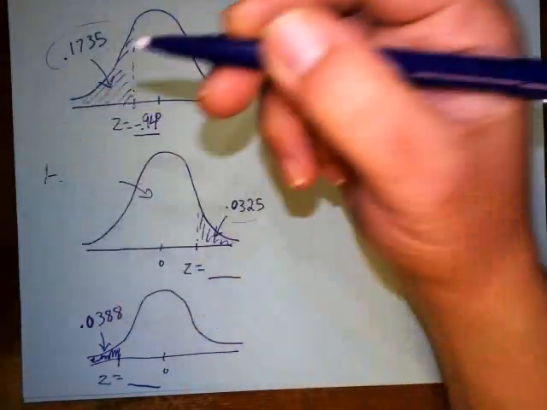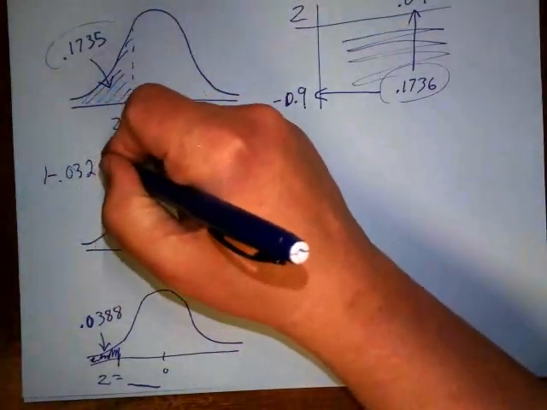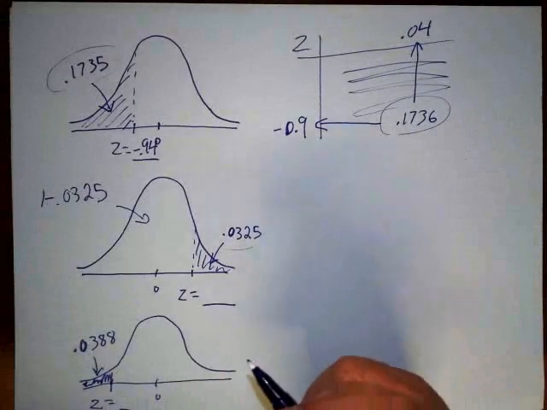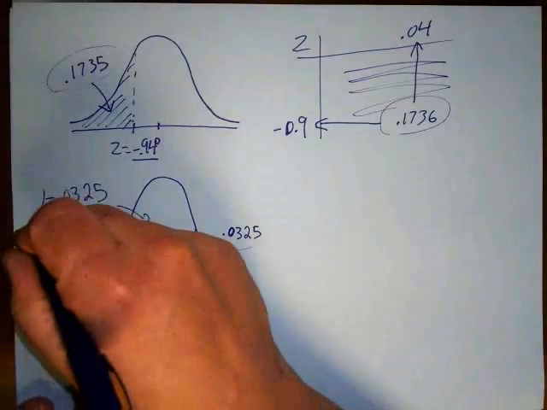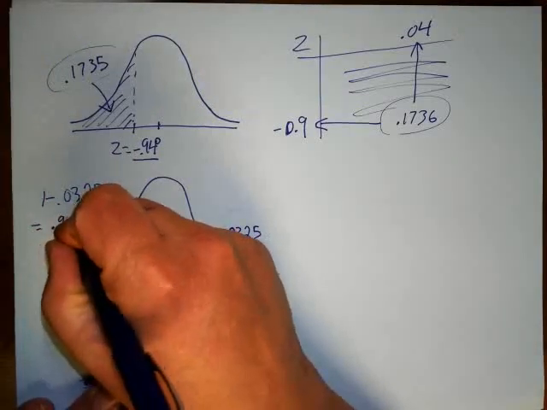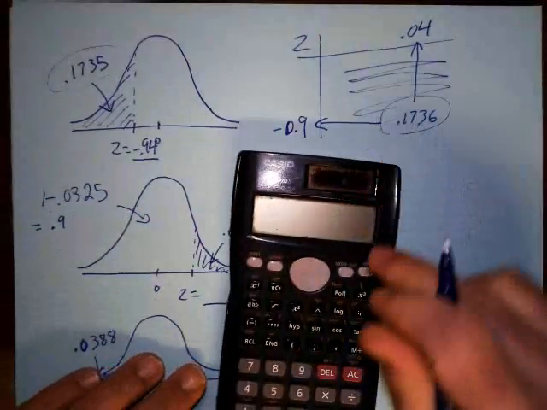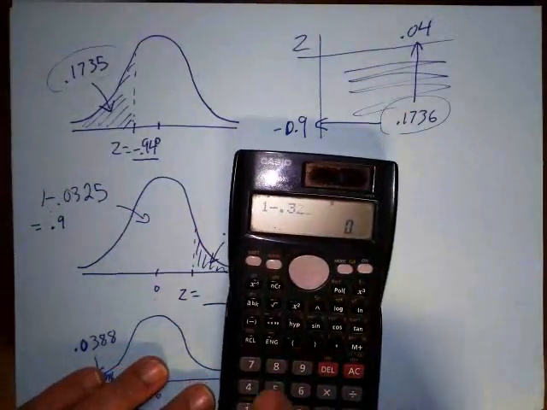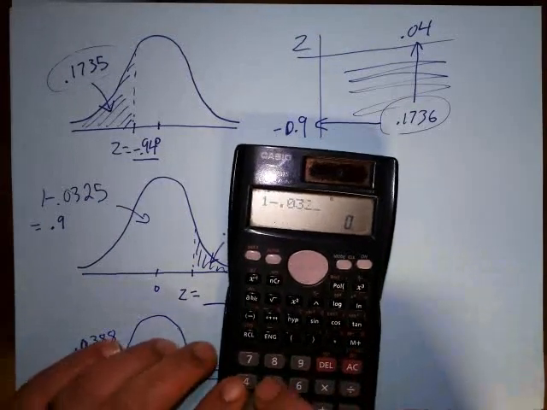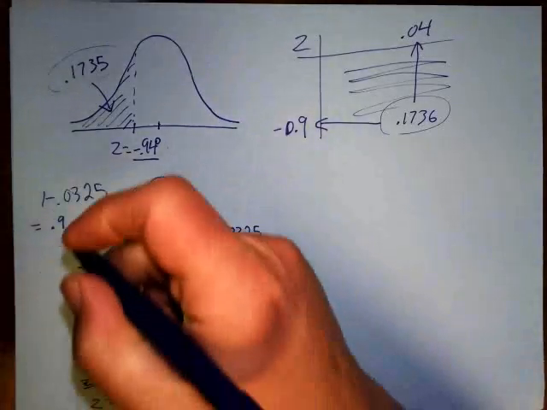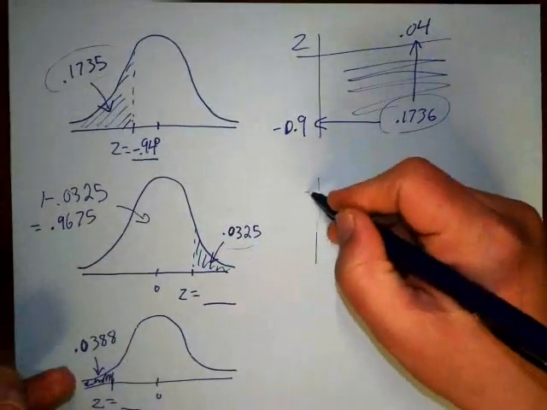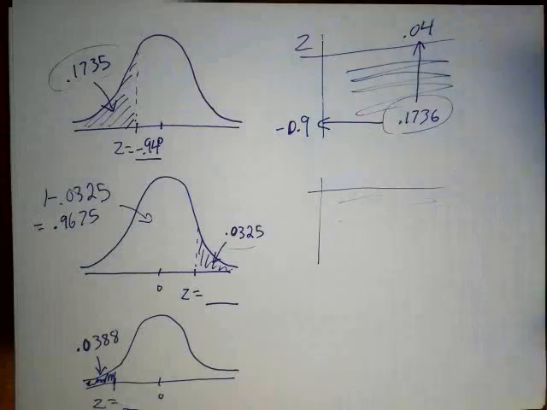Okay, so I'll take 1 minus 0.0325 here, and I just want to make sure I get the right number. 1 minus 0.0325 is 0.9675. So this is the number that I'm looking up on my table, 0.9675.